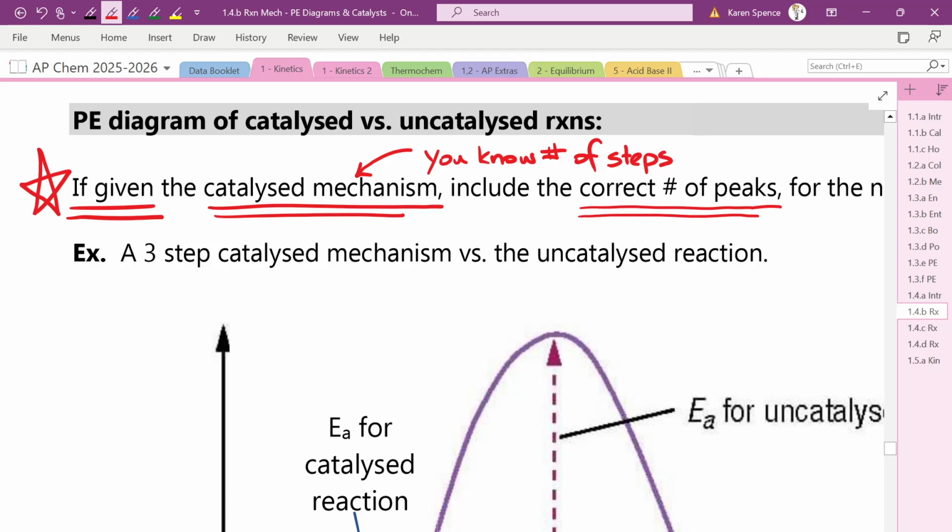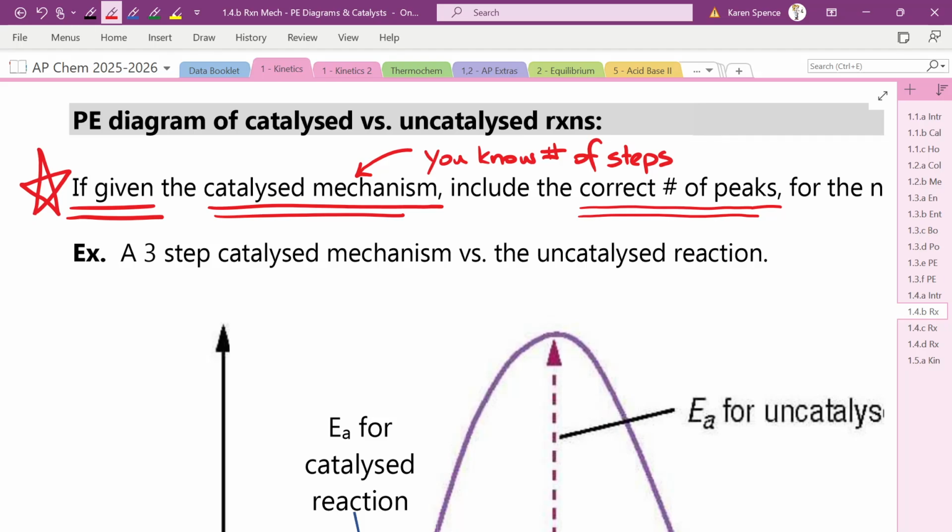If you didn't know the catalyzed mechanism, you could just make the peak lower. Does that make sense? So if you don't know what the mechanism is, you're like, I don't know. Could be 7 peaks, 7 steps, could be 1 step, could be like 6 steps, who knows? You would just give it 1 peak.